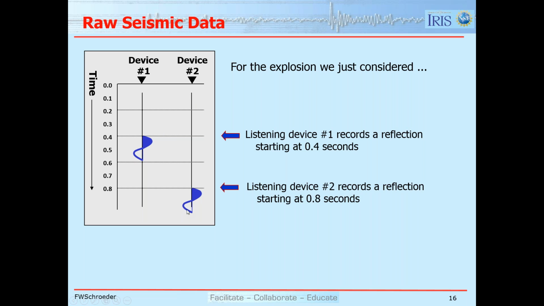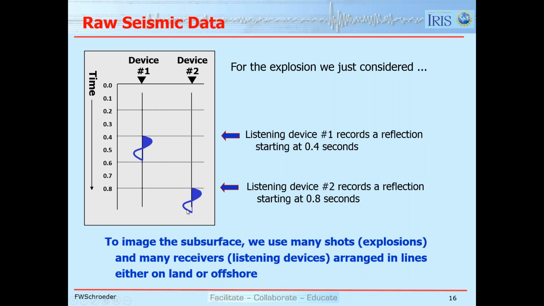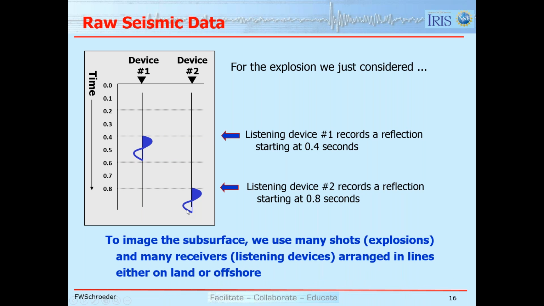That's for energy reflected at the interface between layer 2 and layer 3. And so we can build up images of the subsurface by using thousands of shots or explosions or vibration points and millions of receivers or listening devices arranged in a certain systematic pattern, either on land or in the offshore environment.